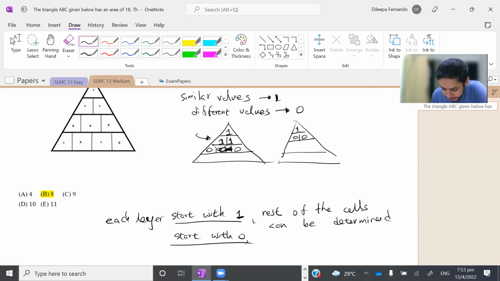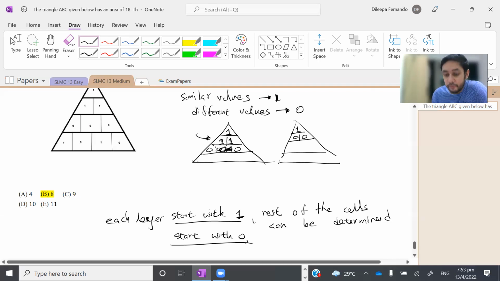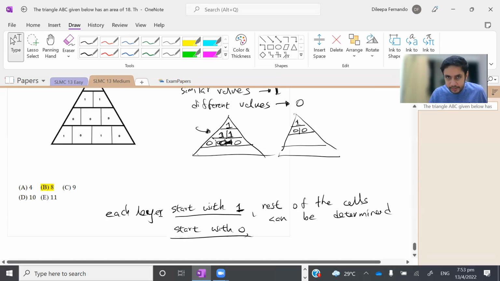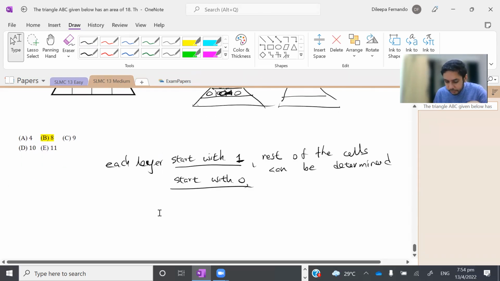Whenever we start with 1, in order to make the cell above 1, we have only one choice. And since we have three layers to try, we have two choices: start with 1 or 0.